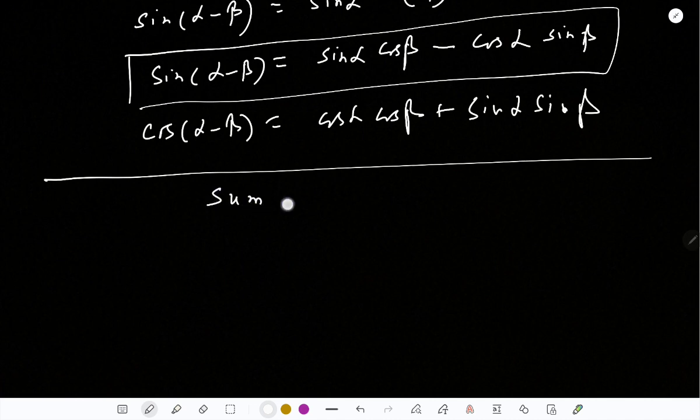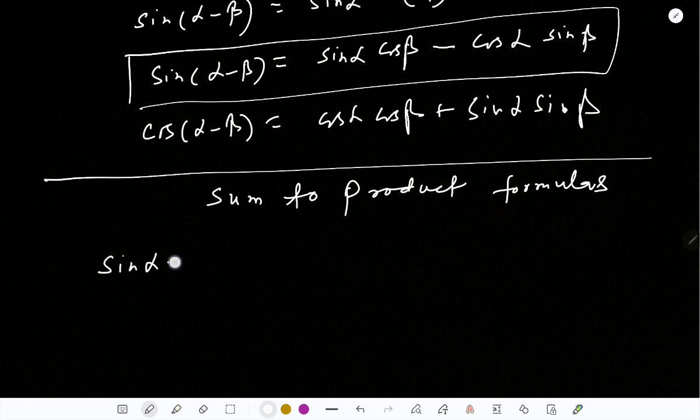So I am going to provide you this formula as well, so at least you can try by yourself. And this is sum to product formula. And what do we mean? That means you can get something like sine alpha plus sine beta. If you need to find sine alpha plus sine beta, what can you do?